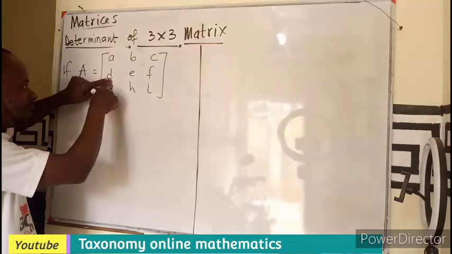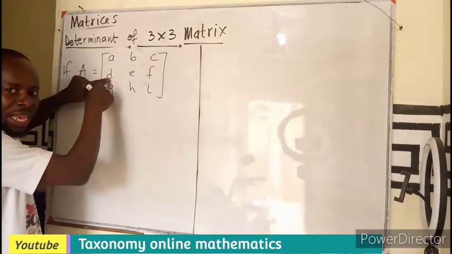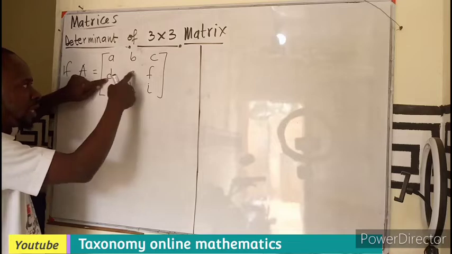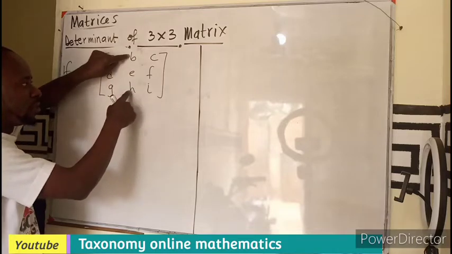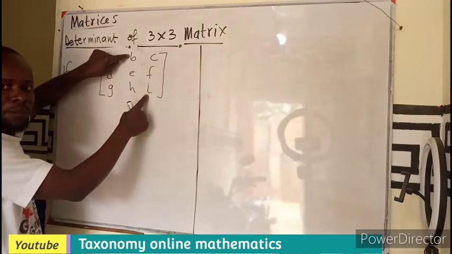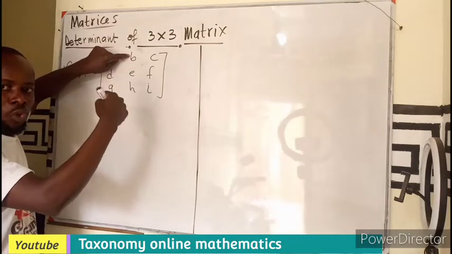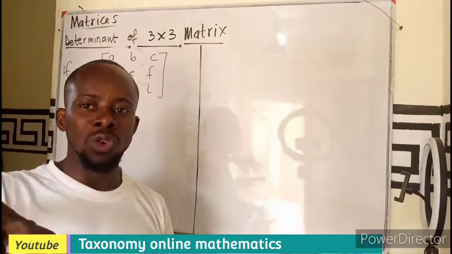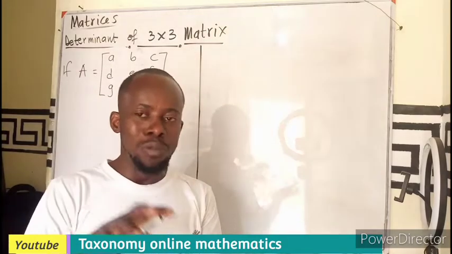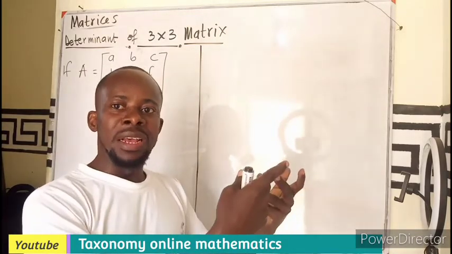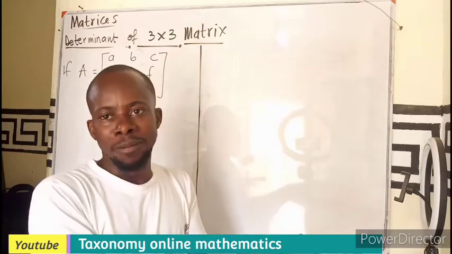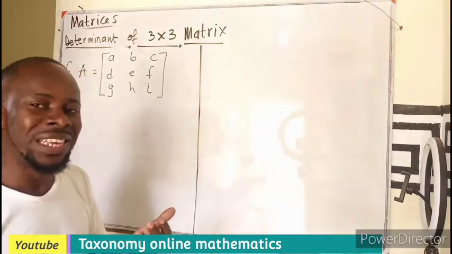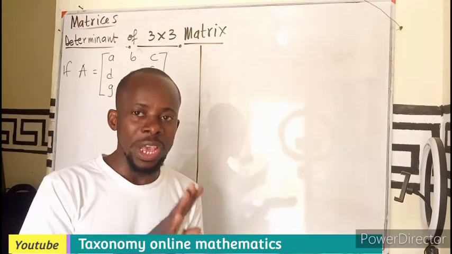If I delete the element D, it will cancel this column and this row, and I'll be left with B, H, C, I. That will also give you a 2 by 2 matrix. So now we can find the determinant of that 2 by 2 matrix from the 2 by 2 determinant formula. Then we multiply.